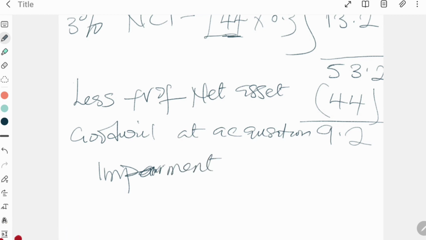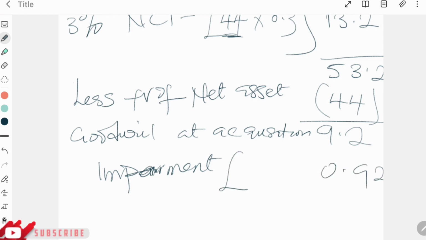Impairment of goodwill. Let's say that this goodwill has impaired by 10%. 9.2 times 0.1 is 0.92.